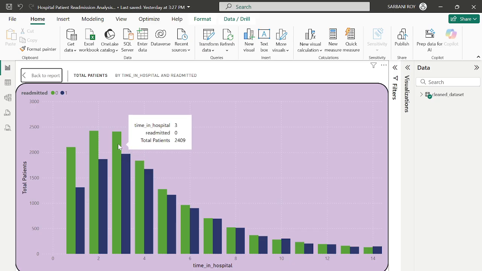As you can see, the green shade is for the patient counts, that is 24,009, as shown here, and the blue and the green both split to represent the readmissions. Here, the blue bar shows that readmitted is 1, and the green bar shows readmitted is 0.